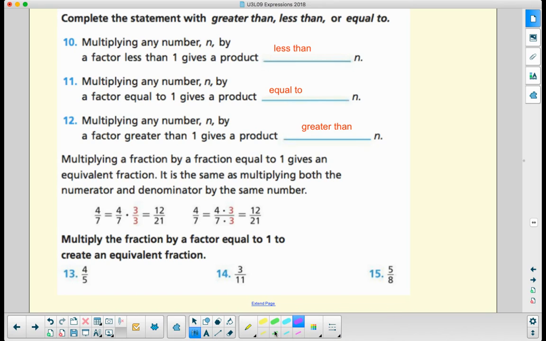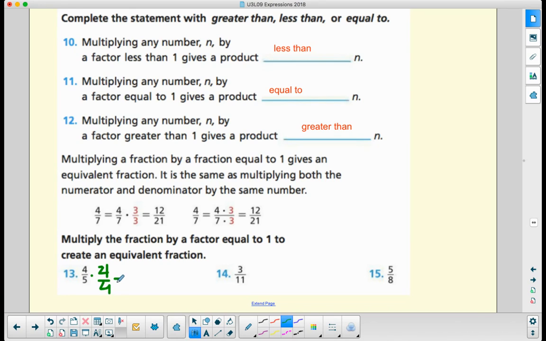So I'm going to go back to my pens. So I'm going to multiply by another factor, a fraction equal to 1. Well, let's just use, in this case, 4/4, because that's equal to 1.